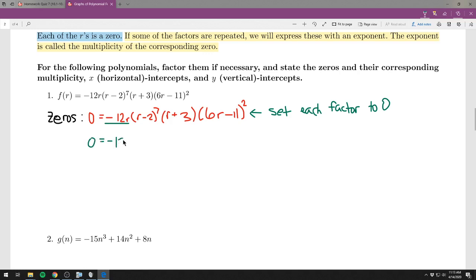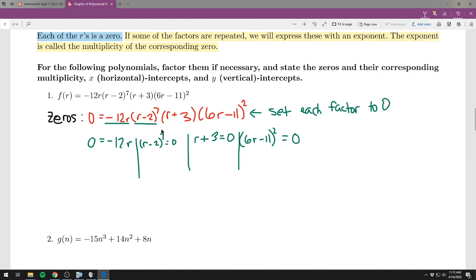We'll have that equal 0. We have r minus 2 to the 7th power equals 0. We've got r plus 3 equals 0. And we've got 6r minus 11 squared equals 0. And we want to solve each one of these.